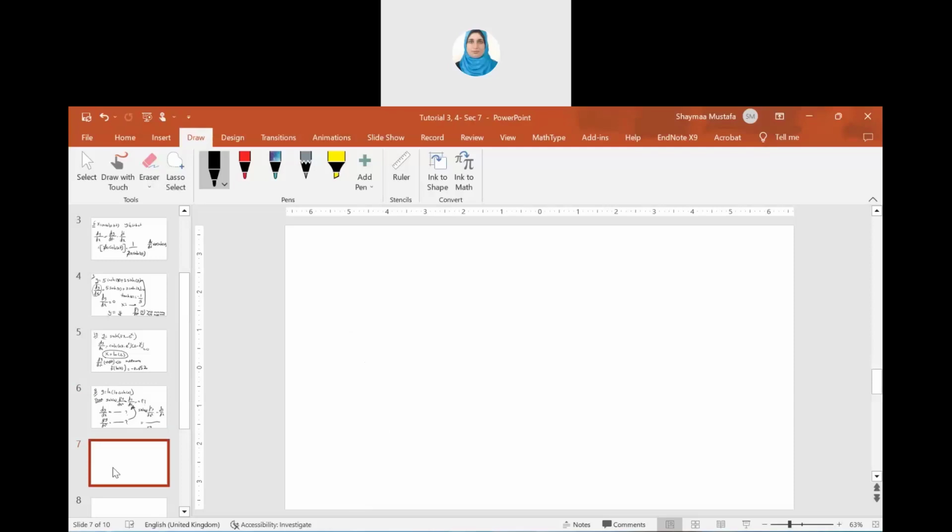15 H, we need to find the integral of sine x plus 2 cos x over sine x plus cos x dx.